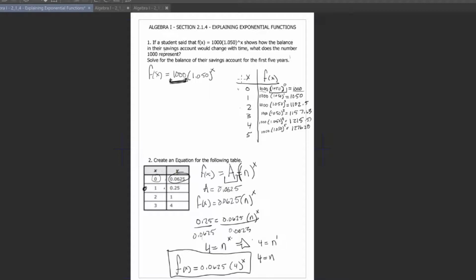You also have to know a number to the first power is itself. Referring to the second question, we had 4 equals n to the first power, so that means 4 is equal to n.